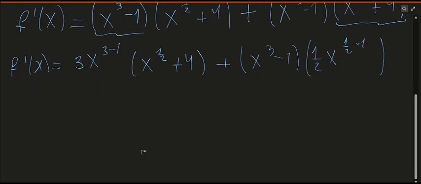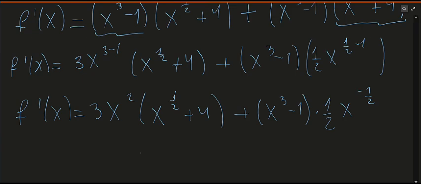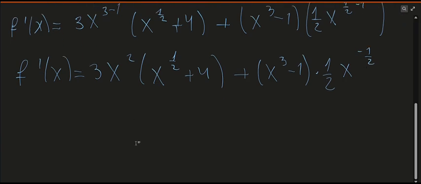Let's clean it up a bit, within reason, of course. So f prime of x is equal to 3x squared times x to the power of 1/2 plus 4, plus x cubed minus 1 times 1/2 times x to the power of negative 1/2. Okay, this seems sensible enough.